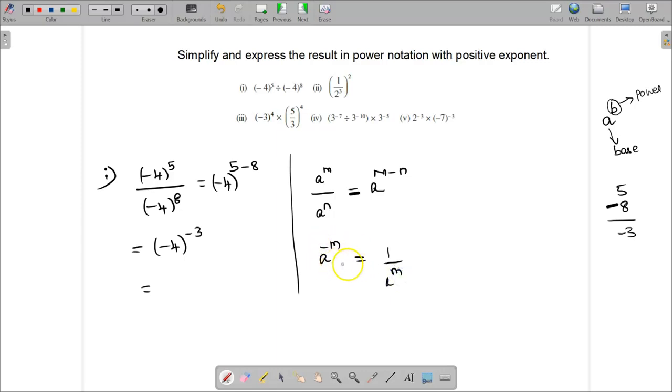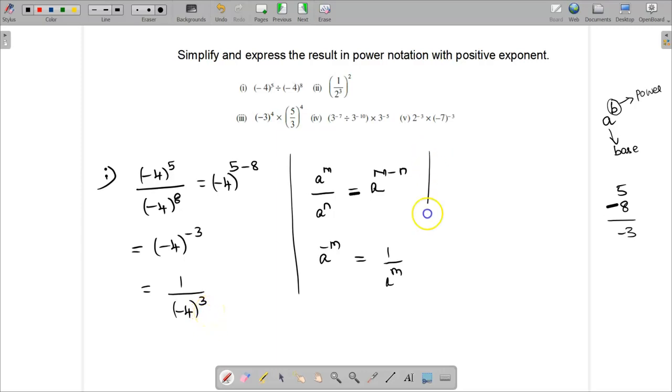Similarly here, the base stays as it is, so 1 by (minus 4), there is no change in the base even though it is negative. We change only the power to positive, so minus 3 becomes plus 3 when it goes to the denominator. This is the final answer for the first subdivision.